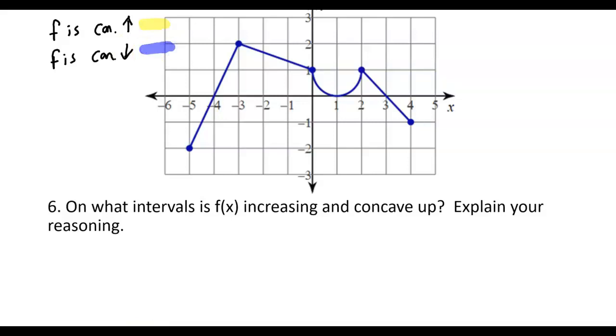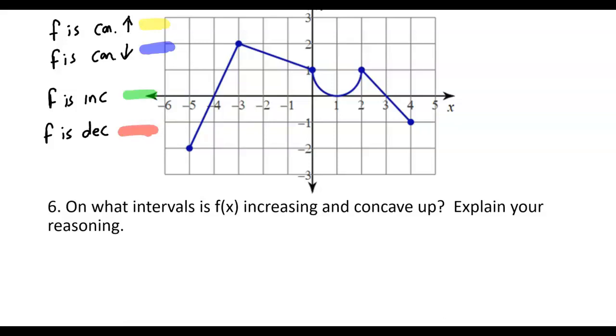All right. But we also want to know where F is increasing and decreasing as well. Okay. So for F increasing, I'll use green. And for F decreasing, I'll use red. All right. So that's going to be helpful for answering these questions that follow.